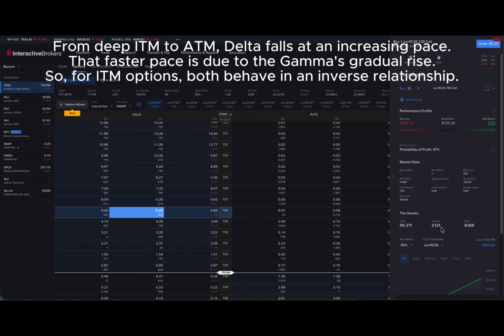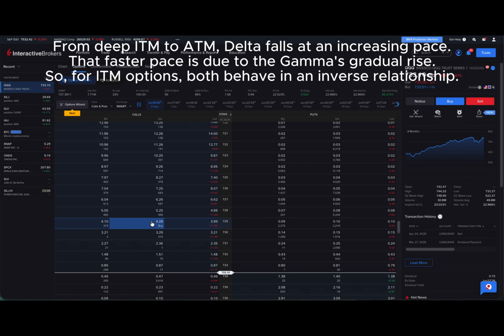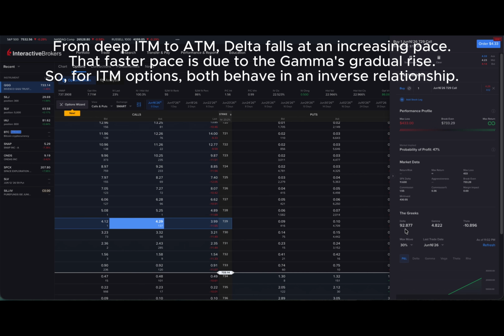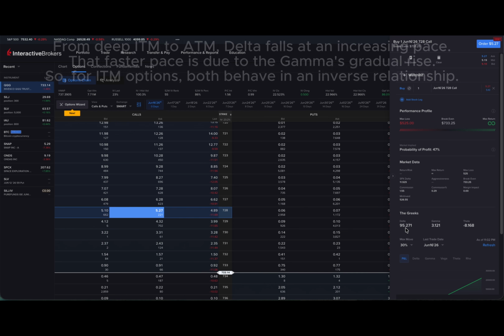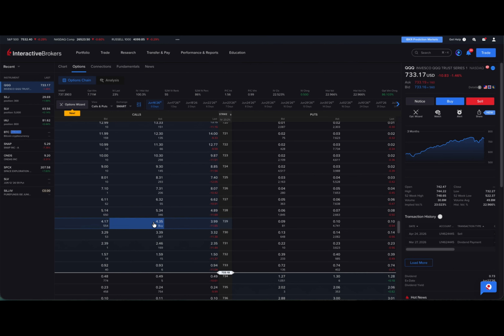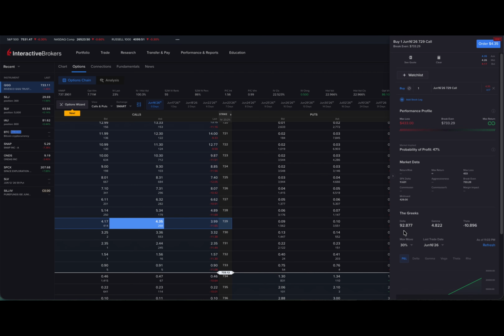So you see that the gamma is rising, the delta falls and is falling at an ever faster pace. For example, in here, the gamma was about 3, and that's why the delta here is moving from close to 95 to 92.